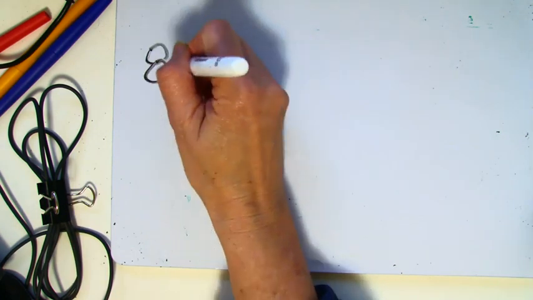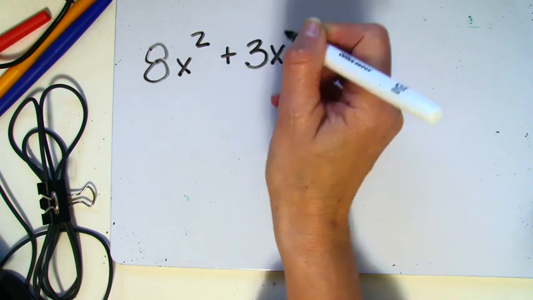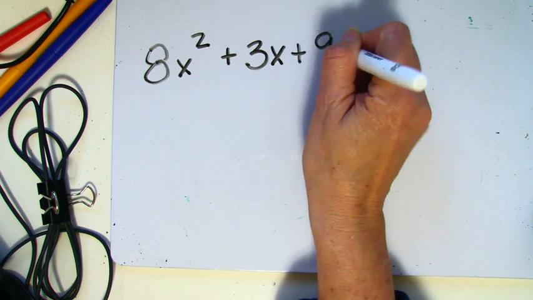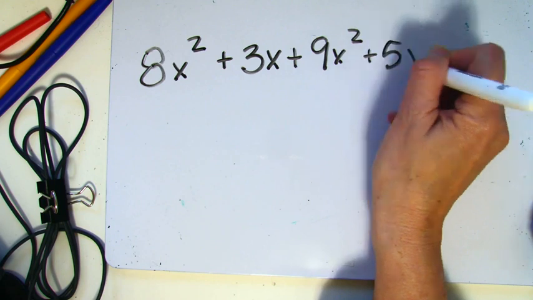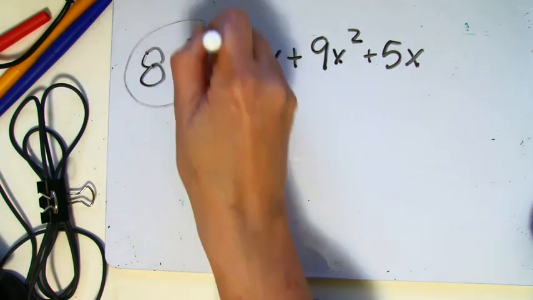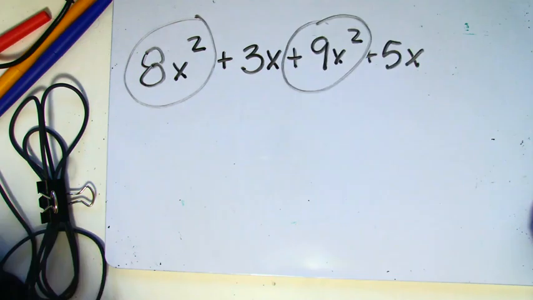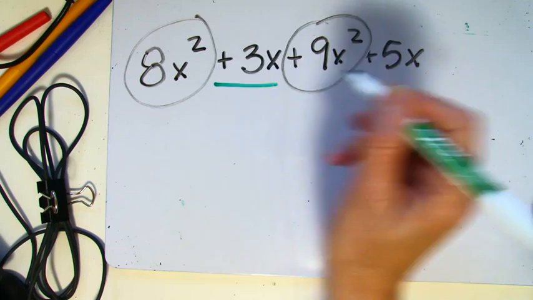Let's do one more. Here we have 8x squared plus 3x plus 9x squared plus 5x. Again, I have two types of terms. I have x squareds and I have x to the first power.